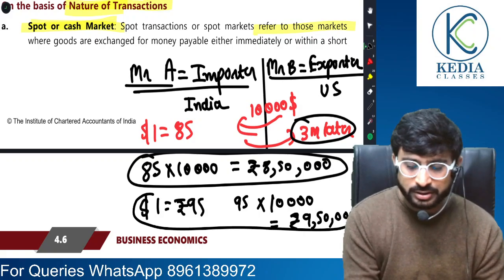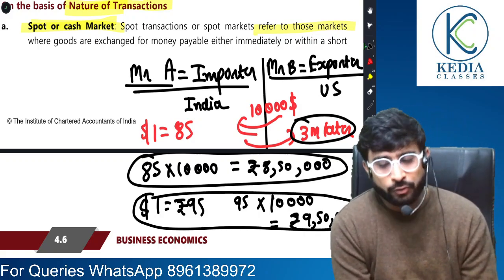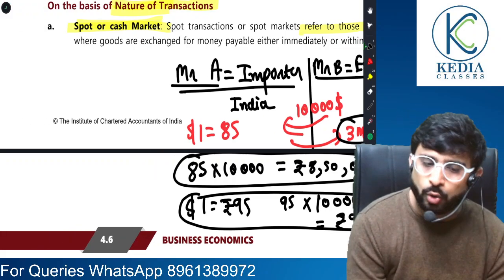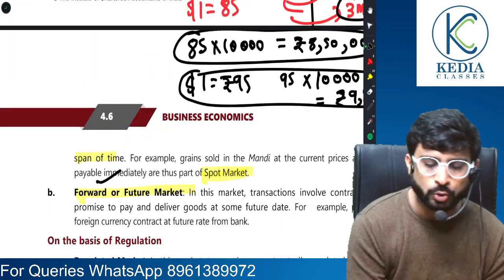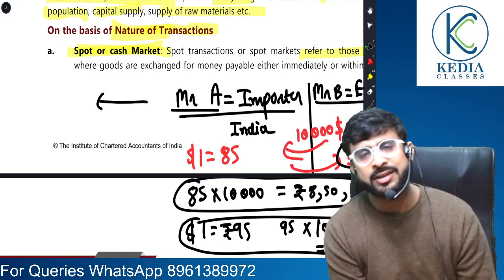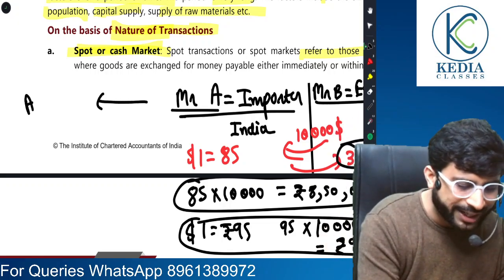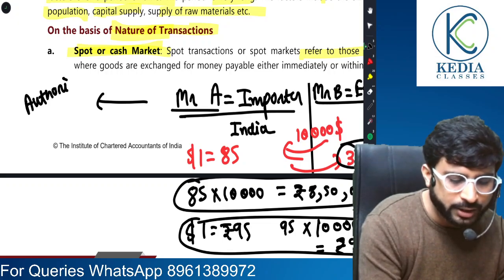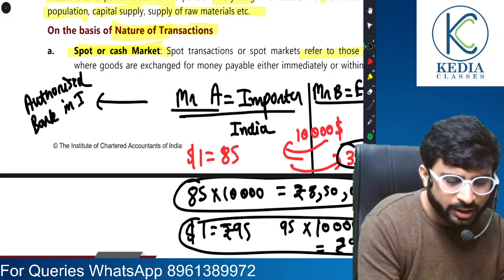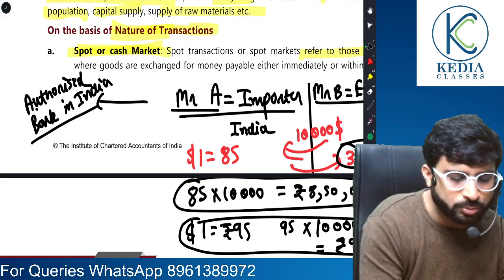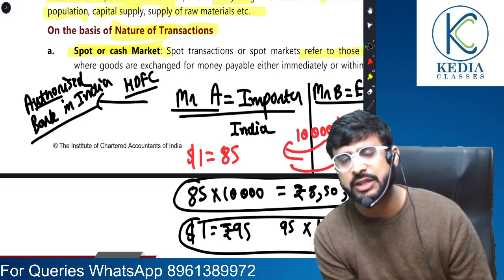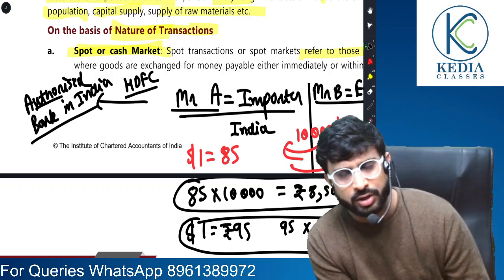So Mr. A is quite fearful of this eventuality. What Mr. A can do is, now comes the concept of the forward or future market. Mr. A enters into a contract with an authorized bank, authorized by RBI, in India. For example's sake, let's assume HDFC. Mr. A enters into a contract with HDFC Bank. What is the contract pertaining to?